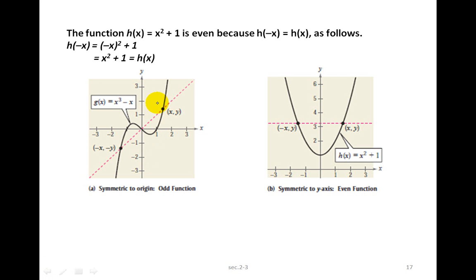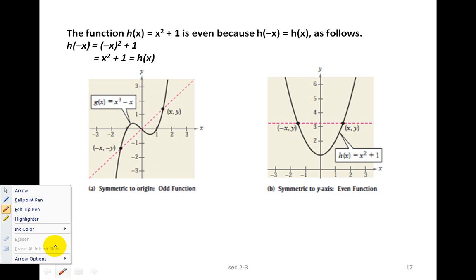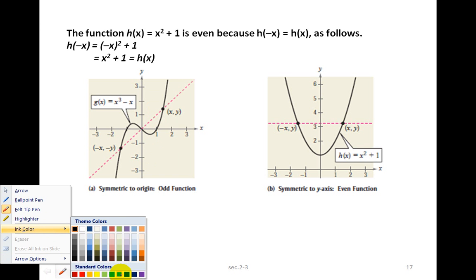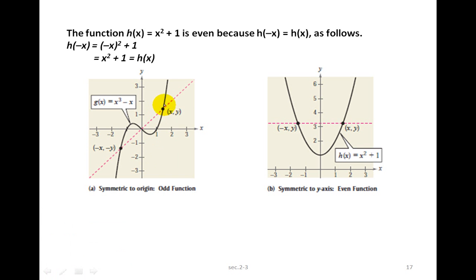Okay, look at this graph. The first graph is actually odd, because let's say that you have these 2 points. These 2 points are symmetric with respect to what? The origin. Because if you fold this part, like you bring it here, you'll find that it's symmetric with respect to the origin.